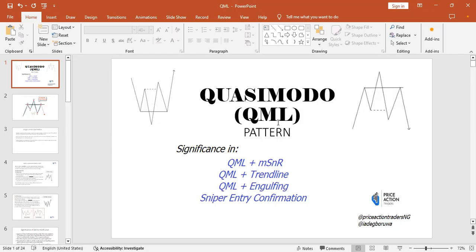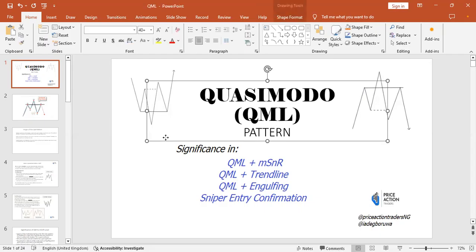You will see that Malaysian people use it as one of their entry confirmations. Even Rifty, Chemist and the rest of them presented it to us, especially in trendline. You see it in trendline, very powerful.